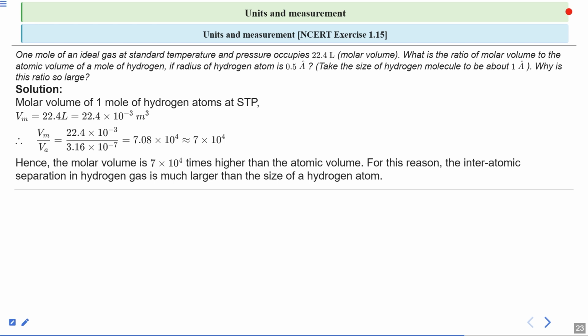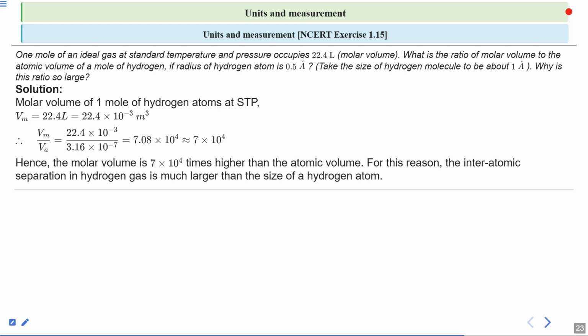The reason is that the interatomic separation in hydrogen gas is much larger than the size of a hydrogen atom. Because in this calculation there is no interatomic space between them.